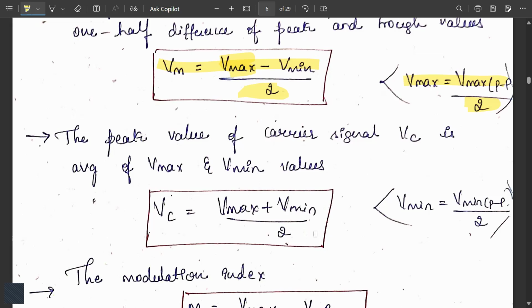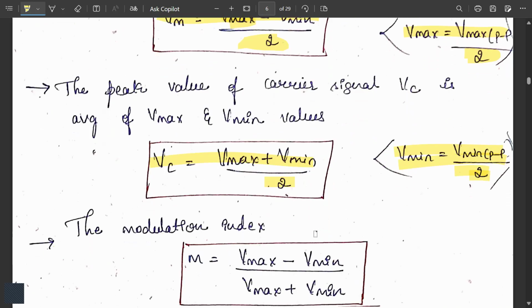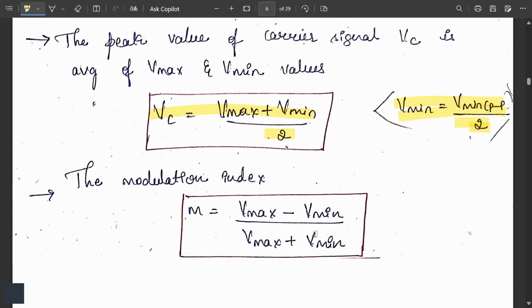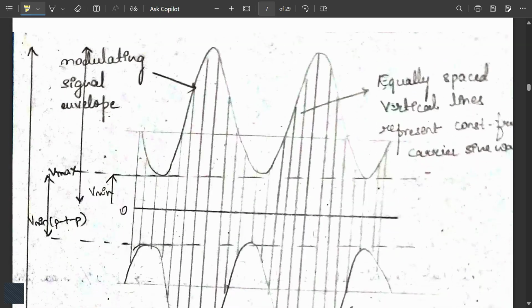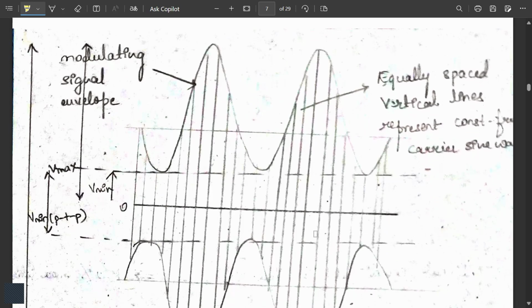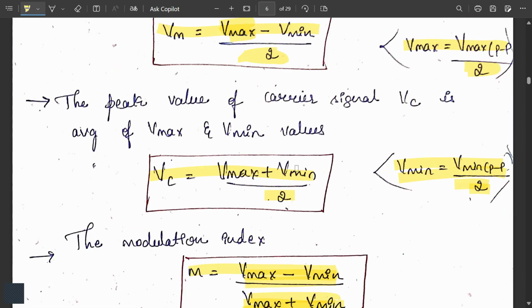Vmax plus Vmin divided by 2. This is for Vc, where Vmin is given by V minimum peak to peak divided by 2. Modulation index becomes what? We know it is Vm by Vc. So we can write it as V maximum minus V minimum divided by V maximum plus V minimum. You need to write this graph again while you are explaining the percentage of modulation in the exam.